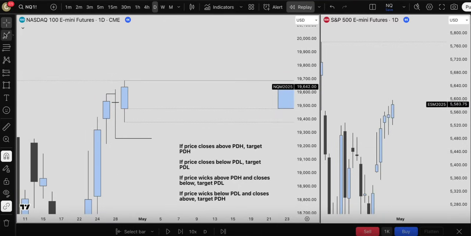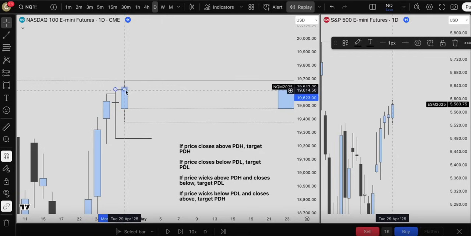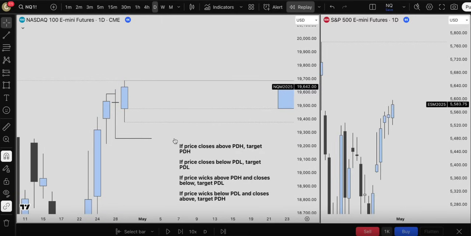We close above previous day high, but this was still the draw. You get me? It's still the draw because we never hit that draw.